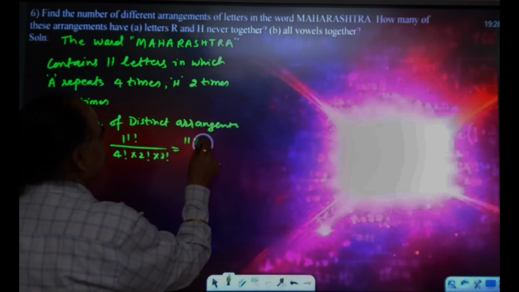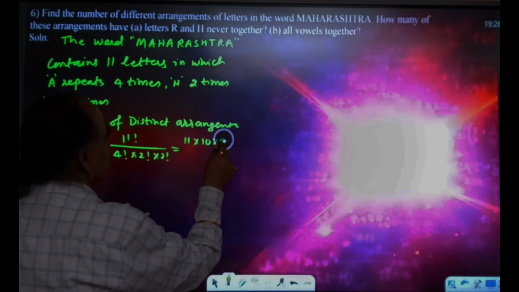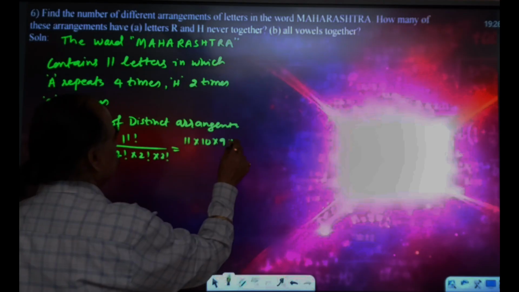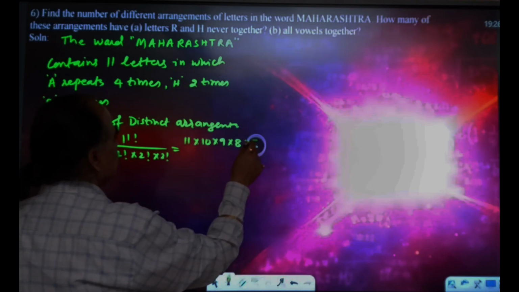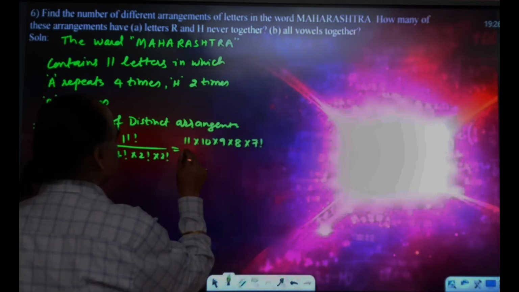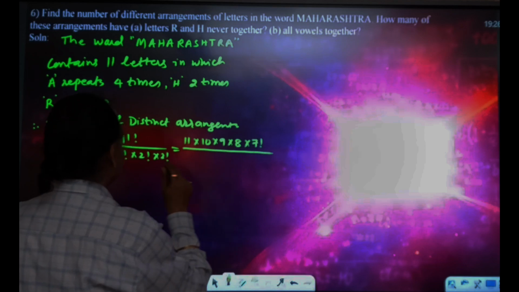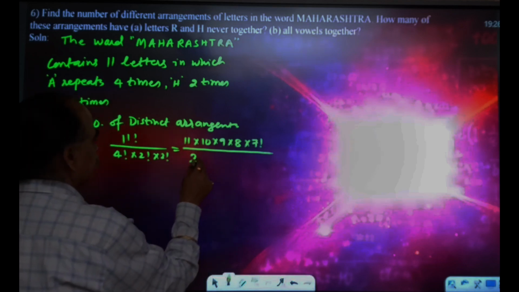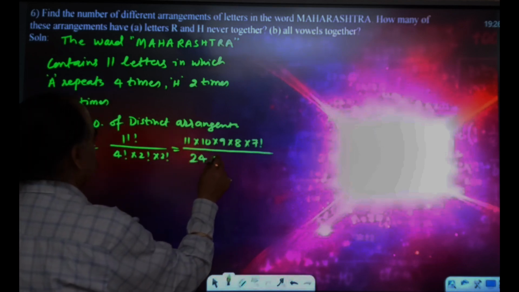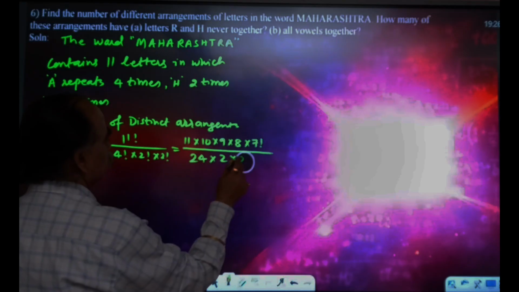That is 11, 10, 9, 8 into 7 factorial upon 4 factorial, which is 24, into 2 into 2.